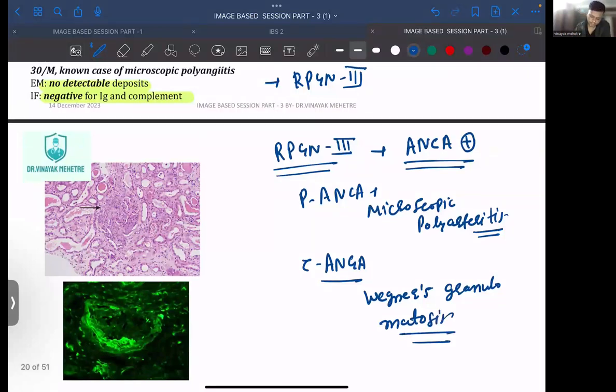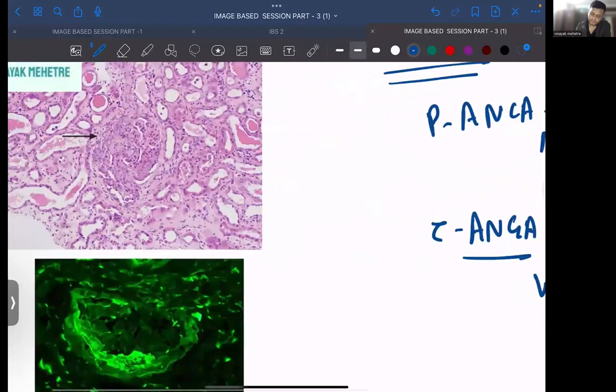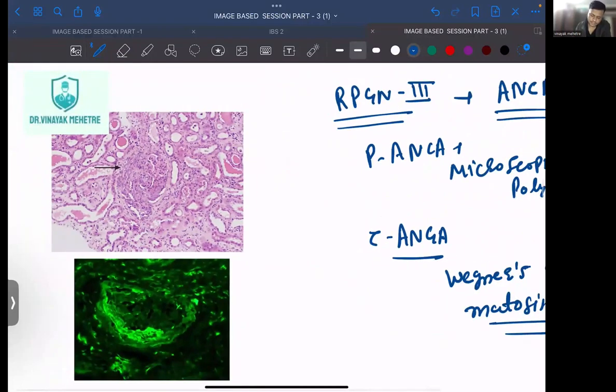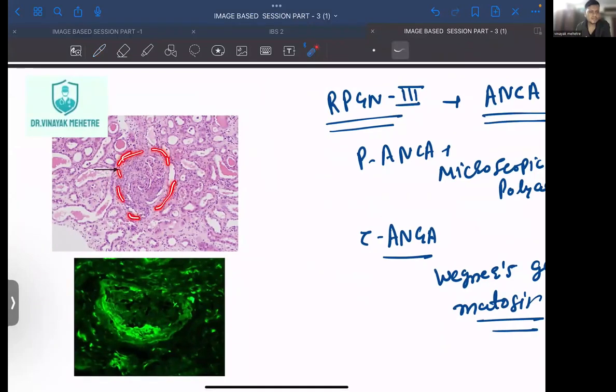Now take a look over here. What are we seeing? Some kind of nodule, right? If you do electron microscopy, what are we going to see? Some kind of nodule. Okay, no deposit, but how do we remember it? We are going to see a big nodule in type 3 RPGN. In short, what is the name of Wegener's granulomatosis?